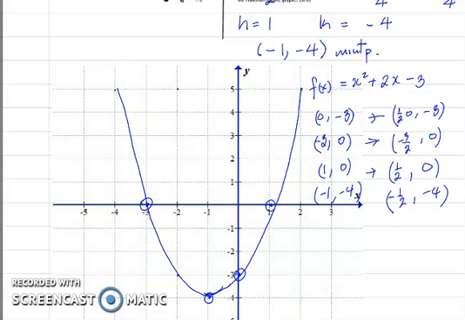So let's plot these points and then we can sketch our curve. All right, so this point is going to come in here to -1.5, 0. The 0, -3 is going to remain. So the -3, 0 point moves and comes to -1.5, 0.